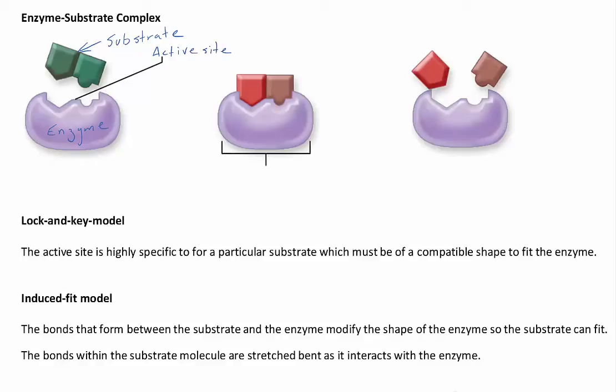The active site is a specific shape that binds to one or more substrates. And when the substrate or substrates are bound to the active site of an enzyme, it forms something referred to as the enzyme substrate complex.